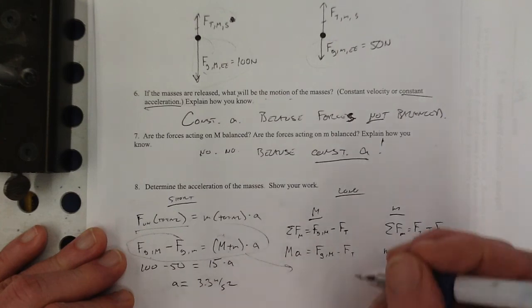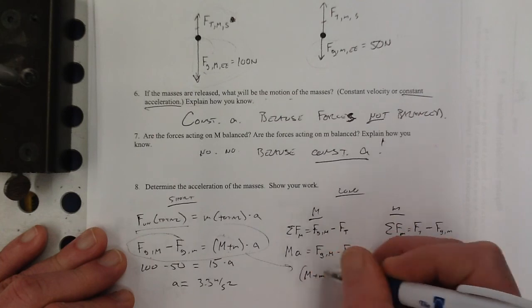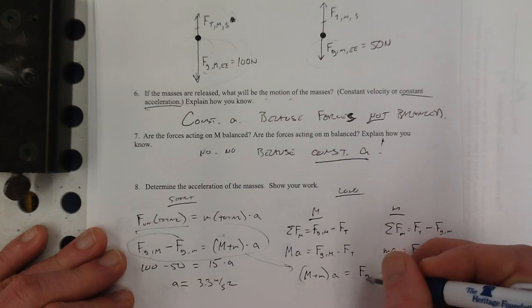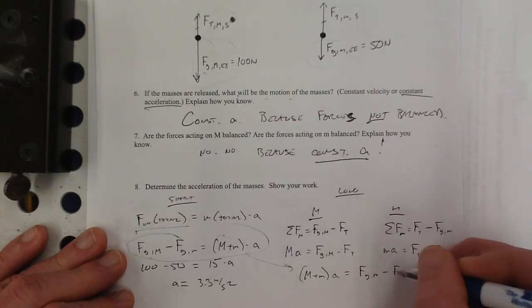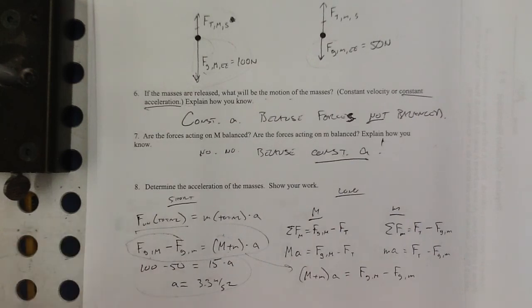The tensions cancel out, and I get force of gravity on the big one, minus force of gravity on the little one, and then you know what the rest of the work looks like right there. So those are the two ways you can approach that. Whatever makes you happy. Well, maybe neither one of them makes you happy, but whichever one makes you less unhappy. How about that?